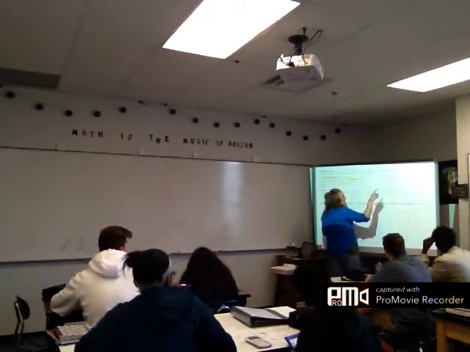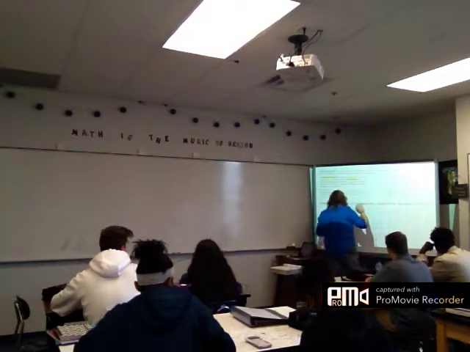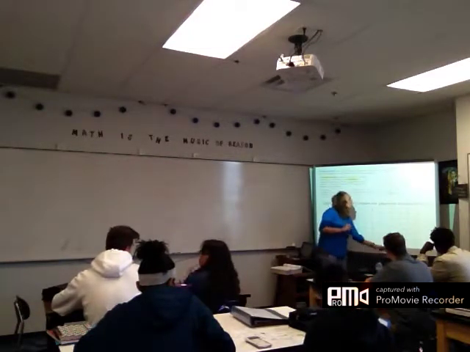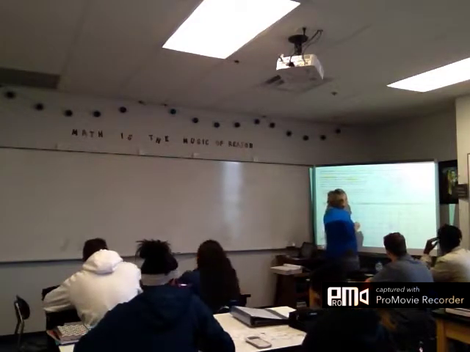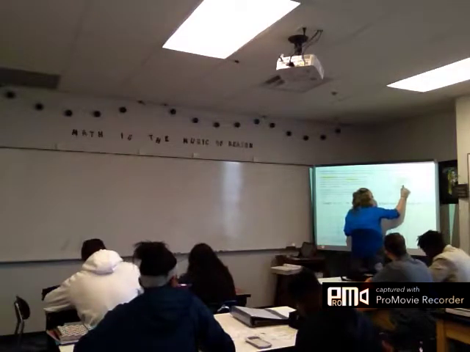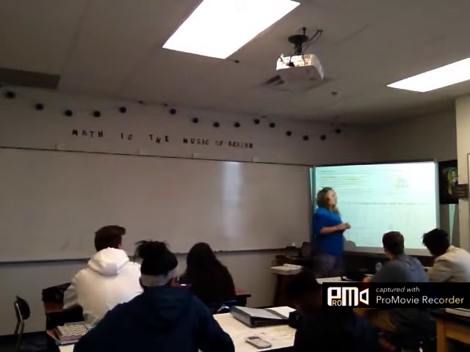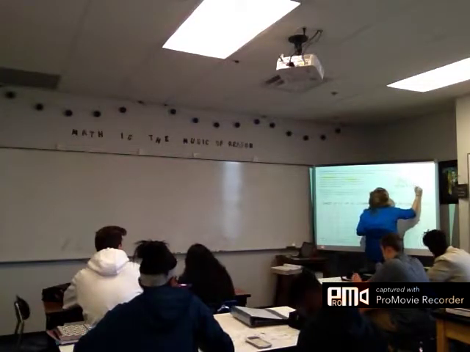Now, you can have something where you subtract an h on the inside and add a k to the outside. The h always goes with my x-axis, or is my x point. And the k is always my y point. So that's where I get my vertex from. My vertex is my h and my k.